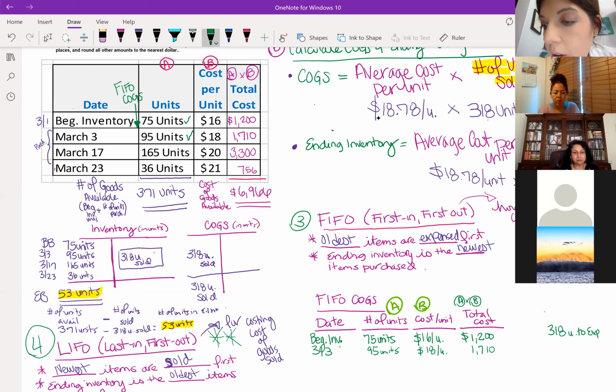I'm going to do a little calculation off to the side. We have to expense 318, because that's how many units were in total sold. We expense 75 in beginning inventory and then 95 units. So how many units do we have left to expense?